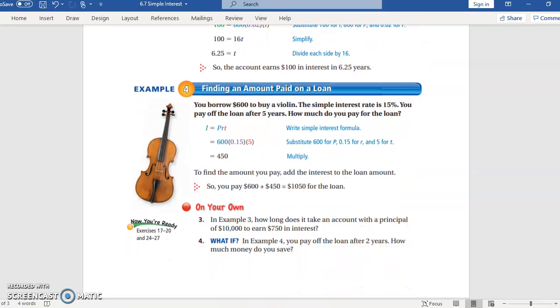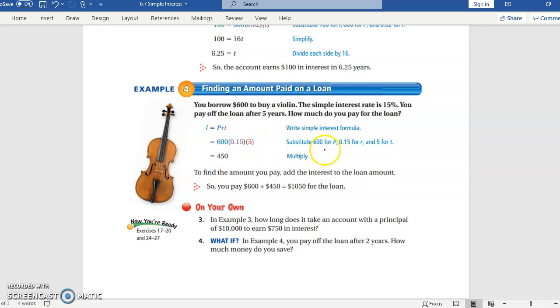Okay. So again, still solving things the same way. We're just plugging in what we know. And the last one, finding an amount paid on a loan. You borrow $600 to buy a violin. The simple interest rate is 15%. You pay off the loan after 5 years. How much do you pay for the loan? So you plug in what you know, $600 at 0.15 and 5.